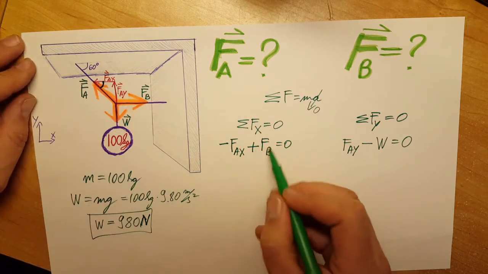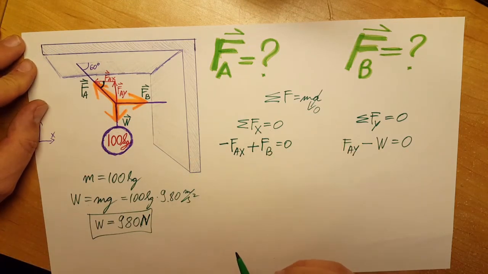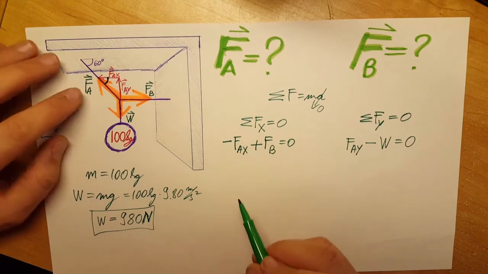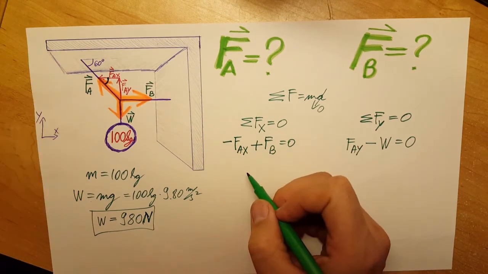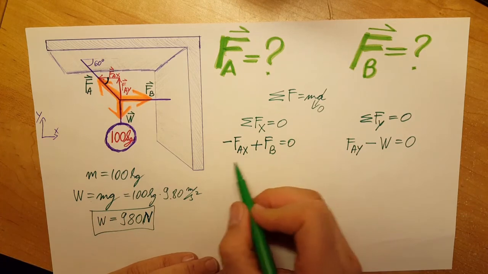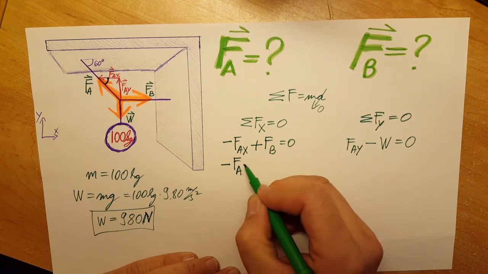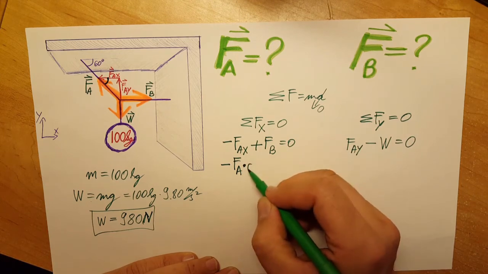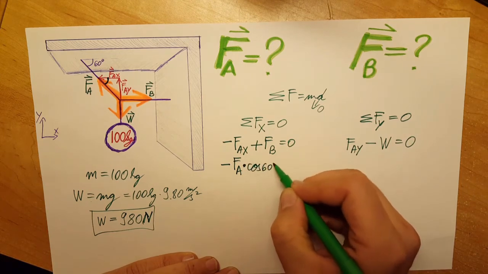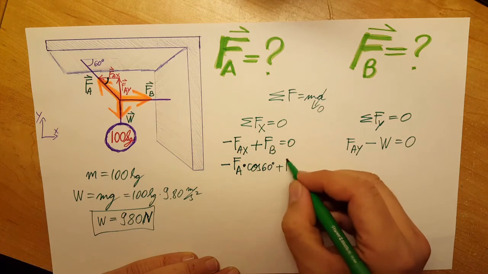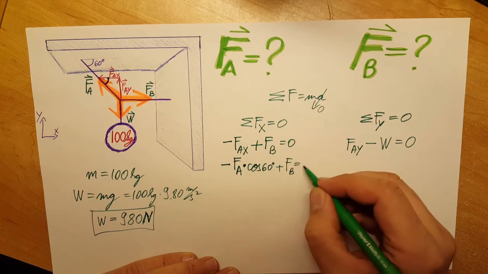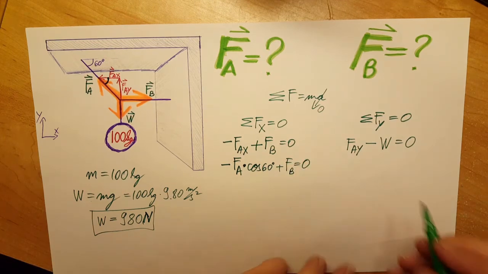There's no y, so we're not gonna substitute anything out of there. So let's worry about FAX. Here it's going to be minus FA times cosine 60 degrees plus FB, which we're not changing, equals 0.